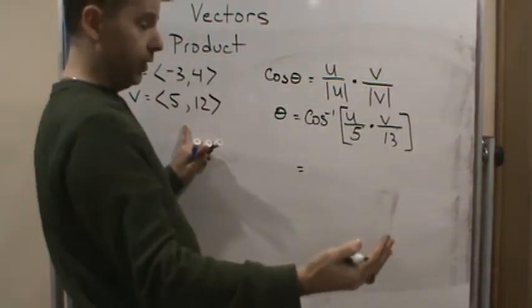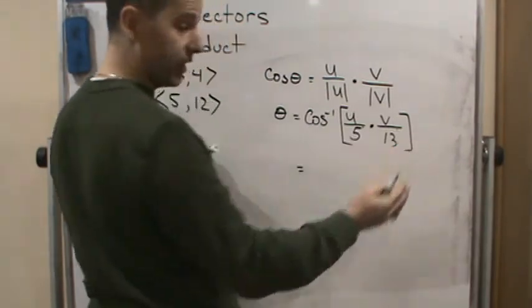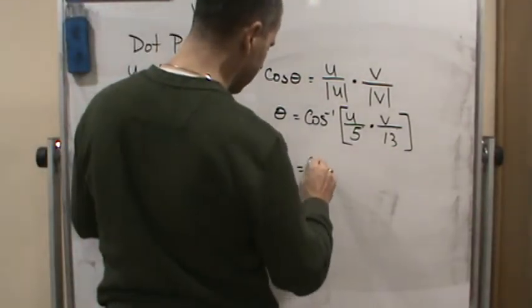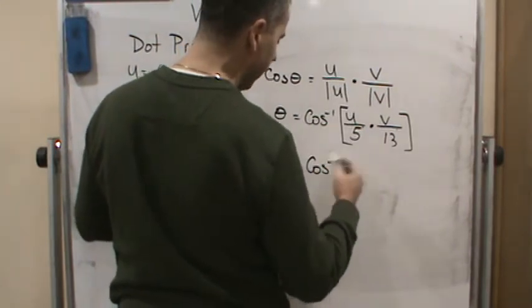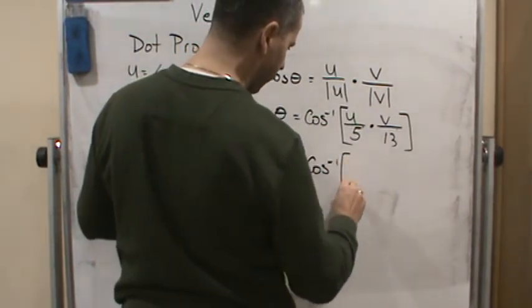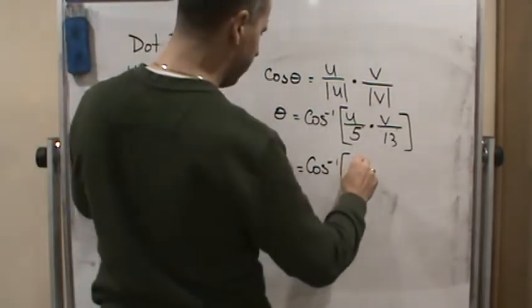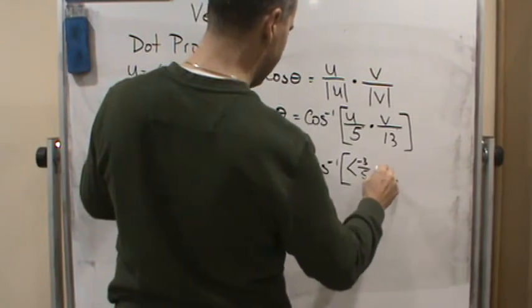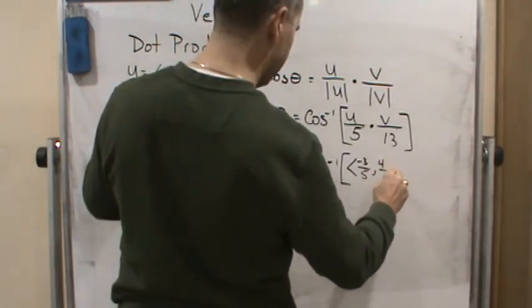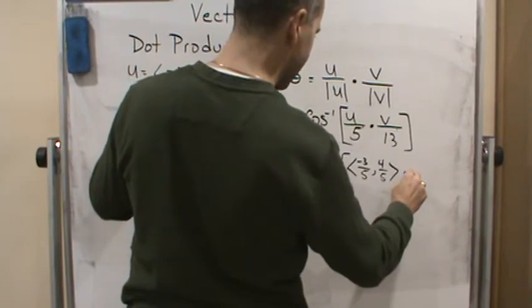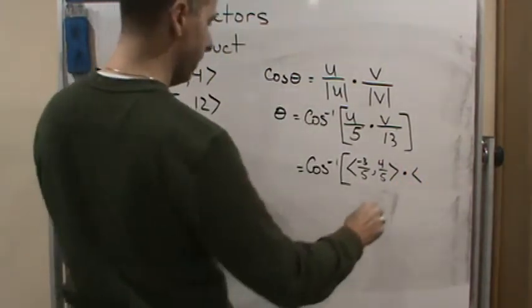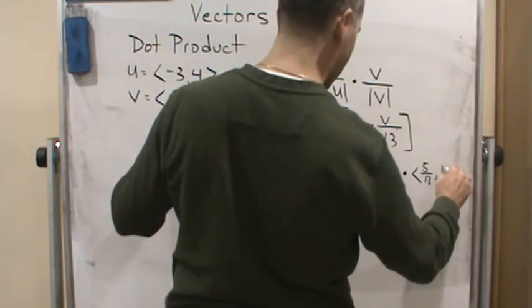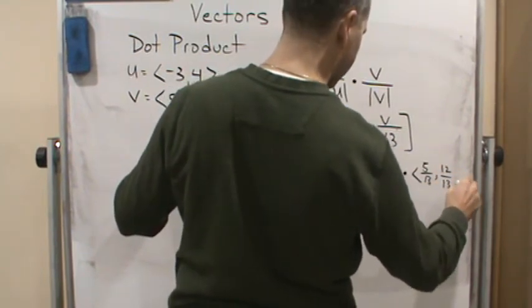So I can divide component-wise. So this is going to be equal to inverse cosine of -3 divided by 5, comma, 4 divided by 5, dot 5 divided by 13, comma, 12 divided by 13.